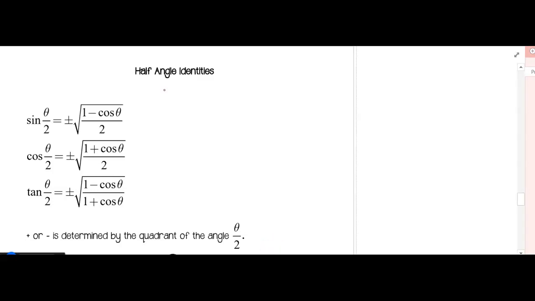So for our sine 2 alpha, we had 2 sine alpha cosine alpha. And then we had 3 different ones for cosine.